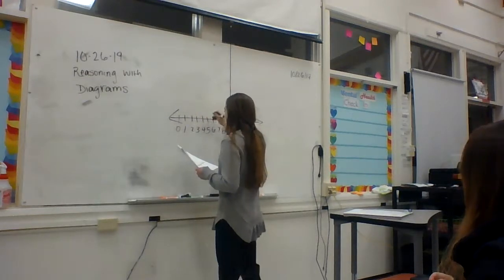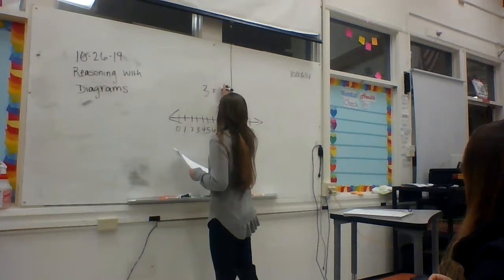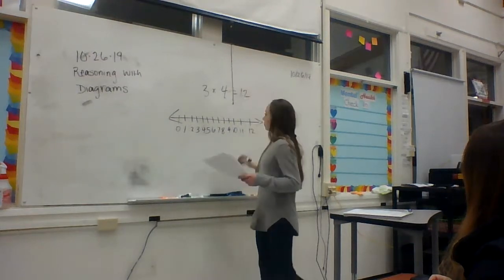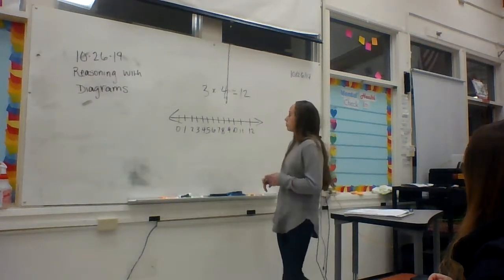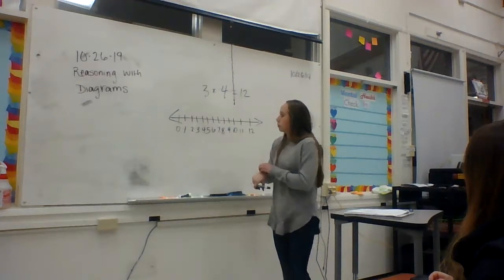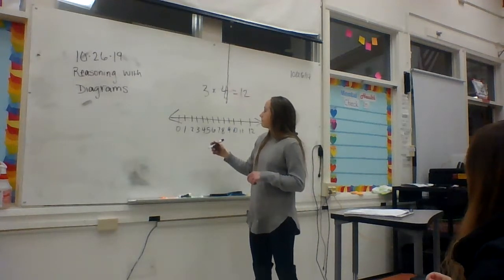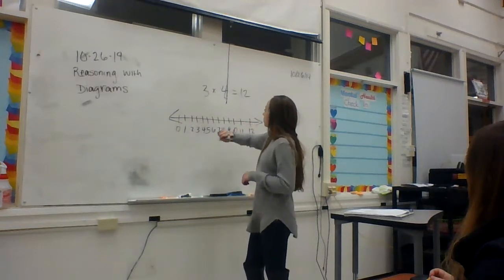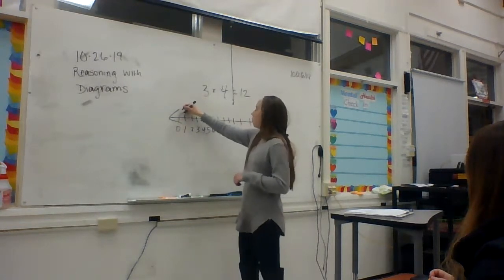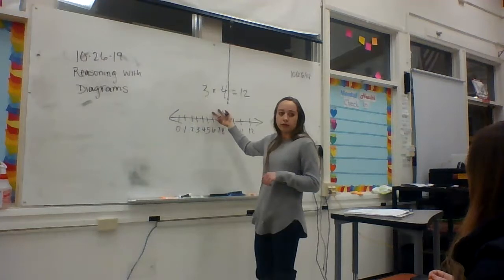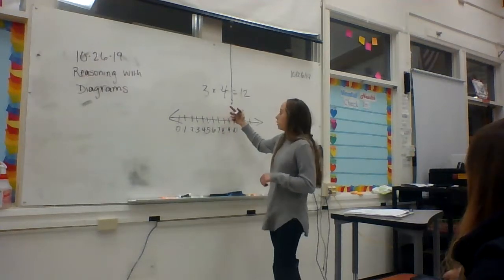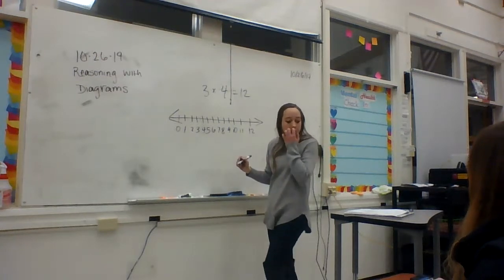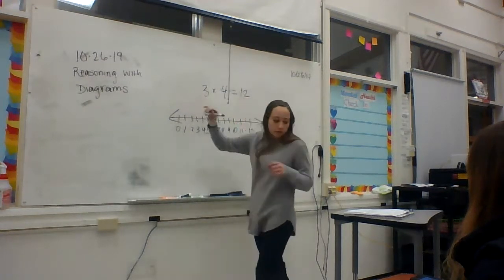Okay, so if I wanted to represent 3 times 4 equaling 12, what would I do? Jump 3 numbers 4 times. Yeah, I could do that. Or what's the other way we could do it? You could probably jump 4 numbers 3 times. So there's 2 different ways to do it.